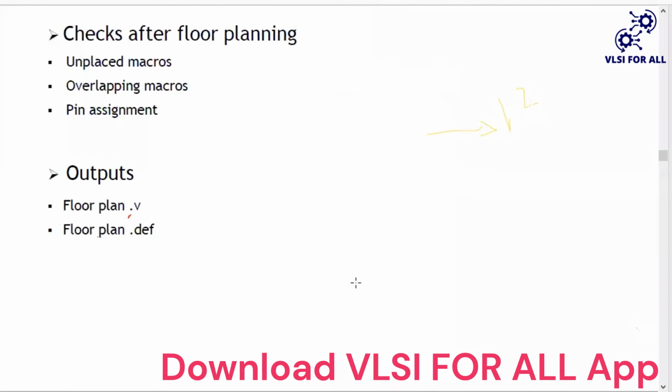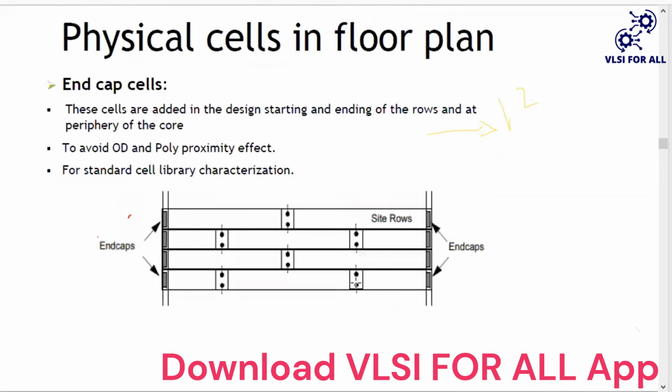Okay, working condition. The next one is the checks. In the floor plan, what all do we need to check? First one is the unplaced macros. How are we able to find them? We are seeing the standard cell site rows, right?